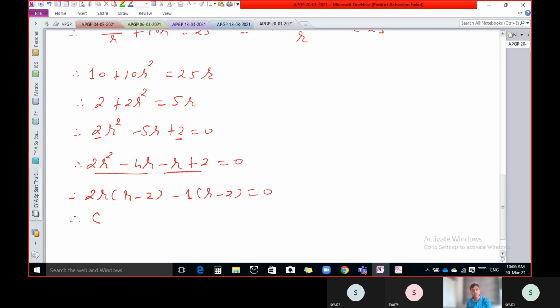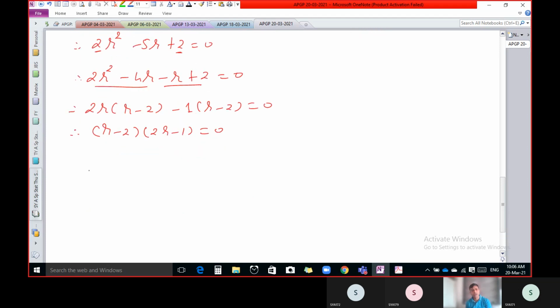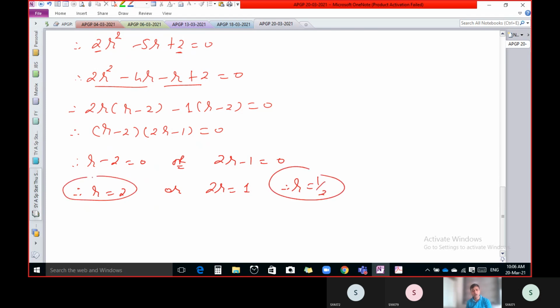So the factors are r minus 2 and 2r minus 1. So either r minus 2 is 0 or 2r minus 1 is 0. Means either r equals 2 or 2r is 1, therefore r equals 1 upon 2. So we get two answers for r, 2 and 1 upon 2.